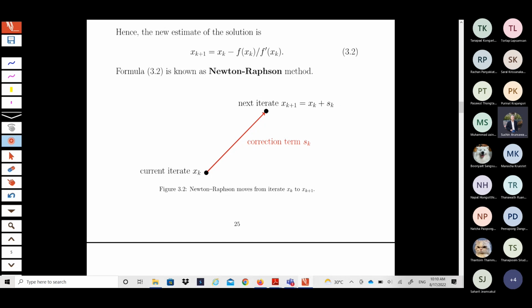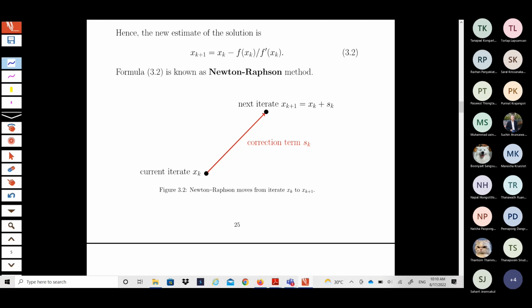The difference between xk and xk plus 1 is sk. So we arrive at a recursive formula: xk plus 1 equals xk plus sk, where sk is what we call a correction term. We will see what the correction term is for this problem.